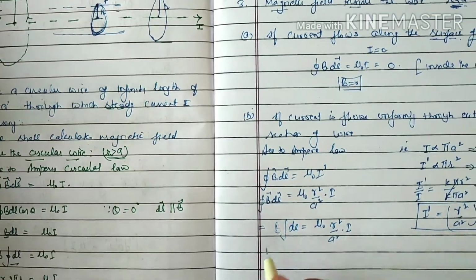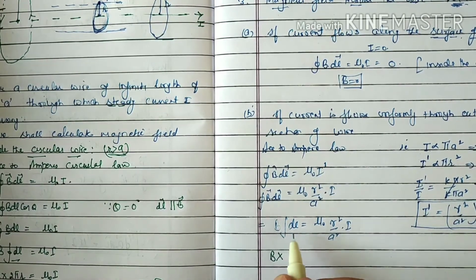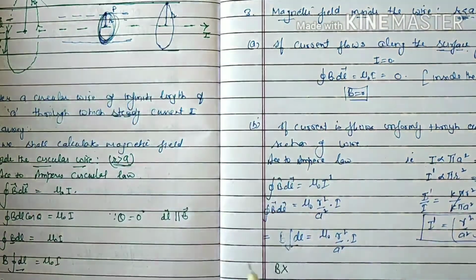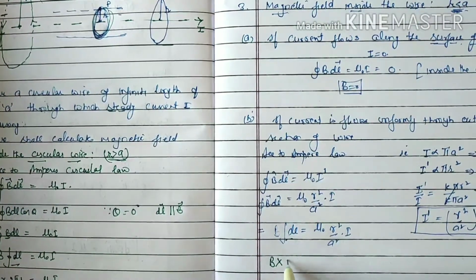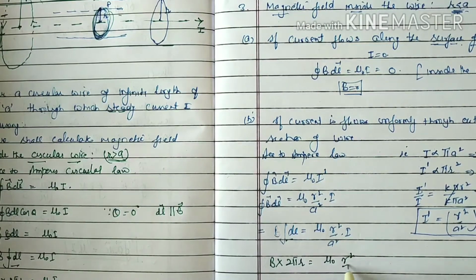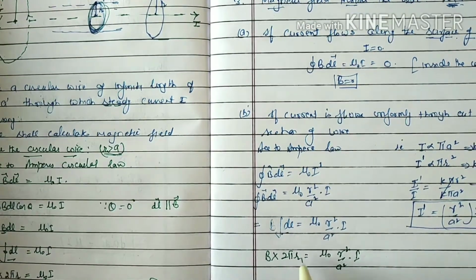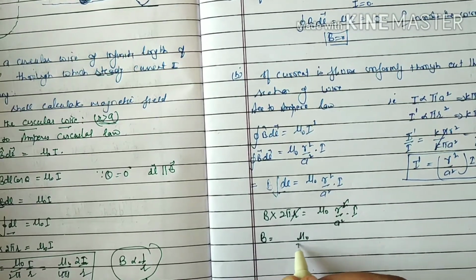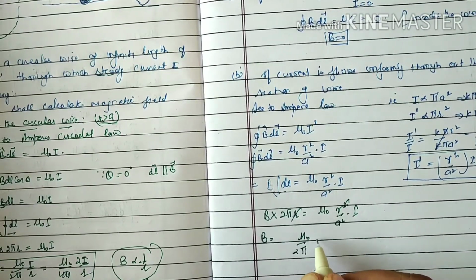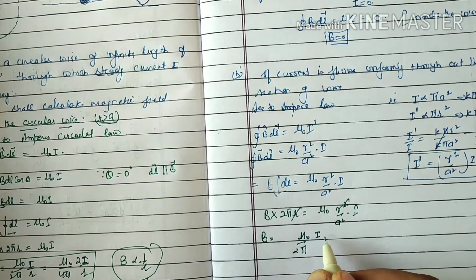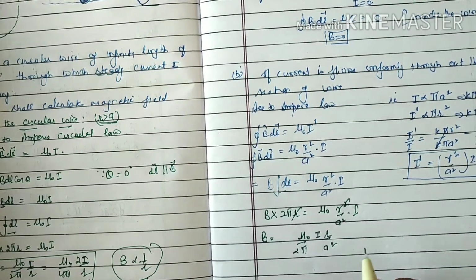So B times the integral of dl, where the integral of dl is the circumference of this loop, 2 pi r, is equal to mu naught r square over a square into I. The r gets cancelled, and we are left with B equal to mu naught upon 2 pi times I r over a square.